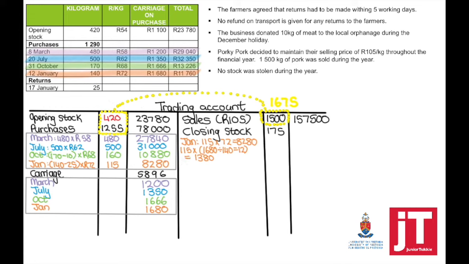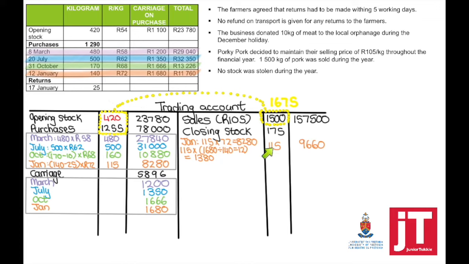This means we need to calculate now by taking 1,680 divided by 140, which means that 12 Rand was paid for transport per unit. 12 times 115 equals 1,380, which is the carriage. The total purchase plus the carriage equals 9,660.